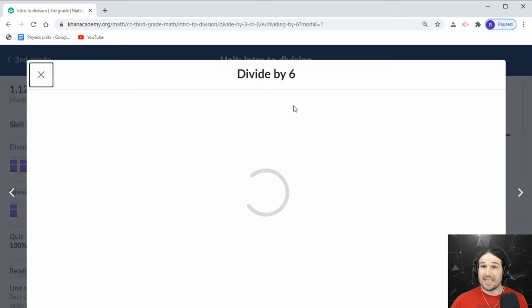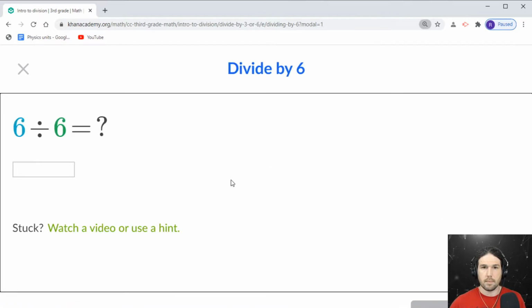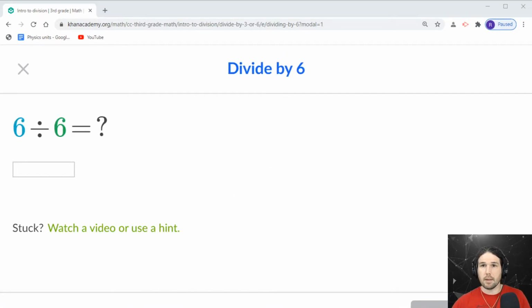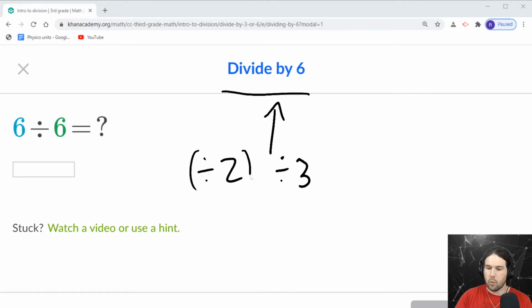Dividing by 6. I don't really have a tip for dividing by 6. It is close, though. There is something similar with 6. The thing about 6 is it's just divide by 2 and divide by 3 in whatever order you want.